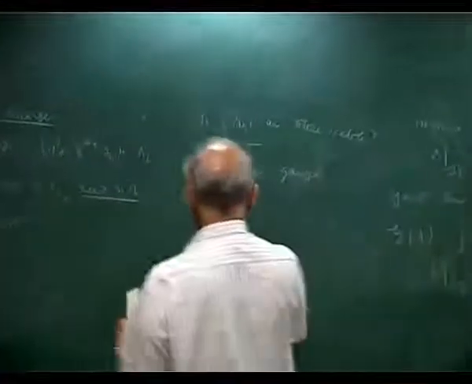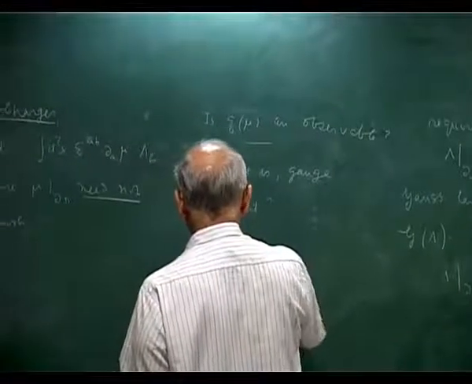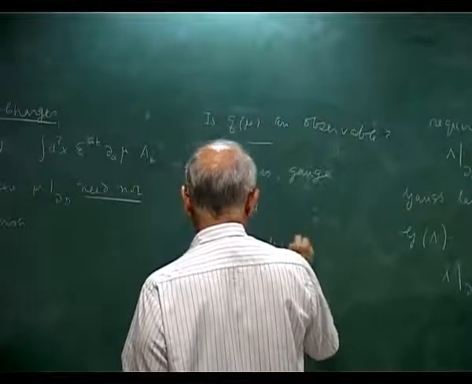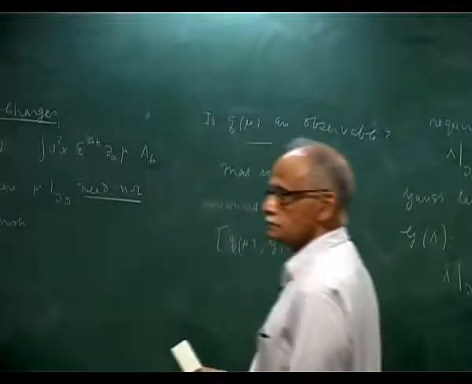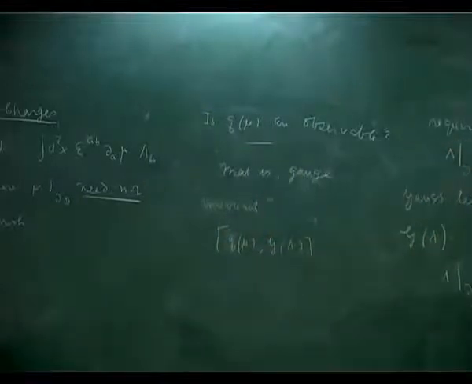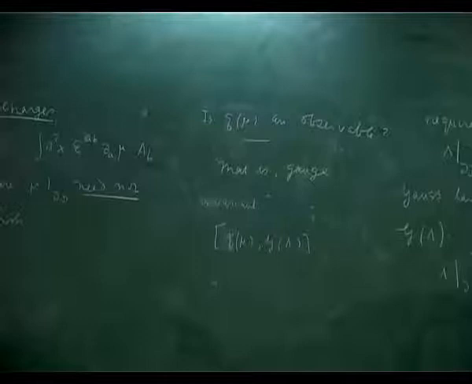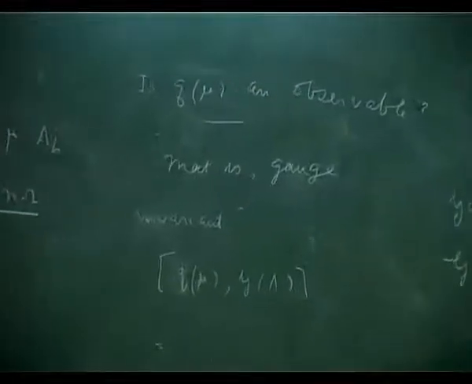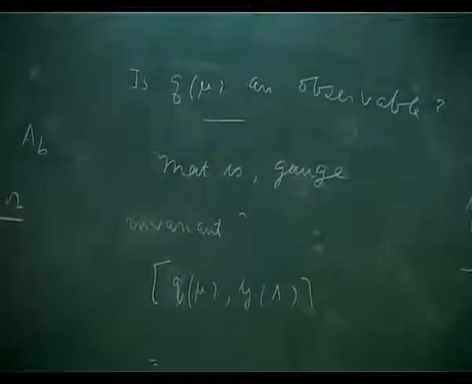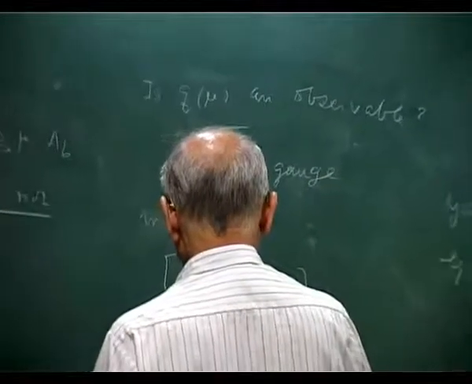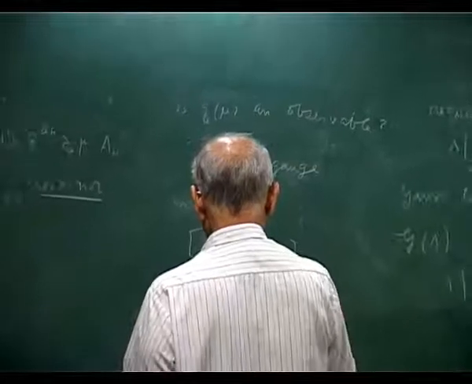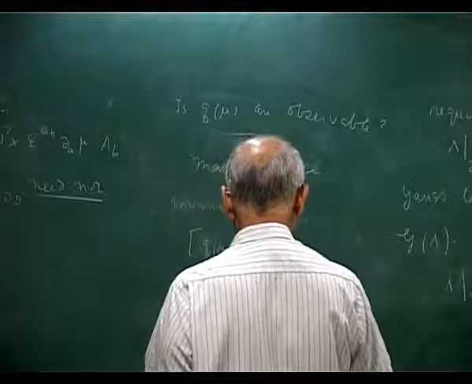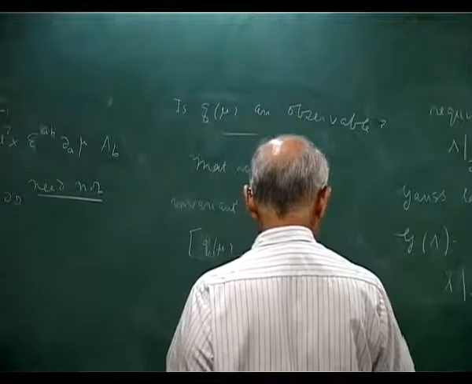For that we have to check whether Q mu commutes with G lambda. For that I can use this formula. Until now I have not used any partial integration, so I will get up to factors of i. I am going to get epsilon AB, dA of mu, dB of lambda, d2x from above.